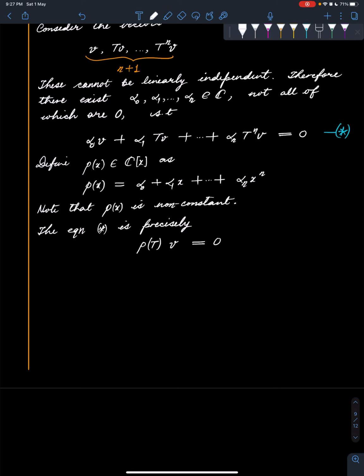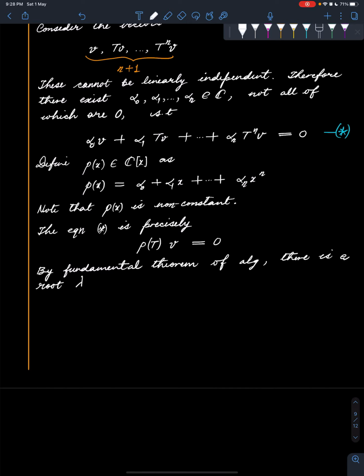And now, by the fundamental theorem of algebra, there is a root lambda of Px.